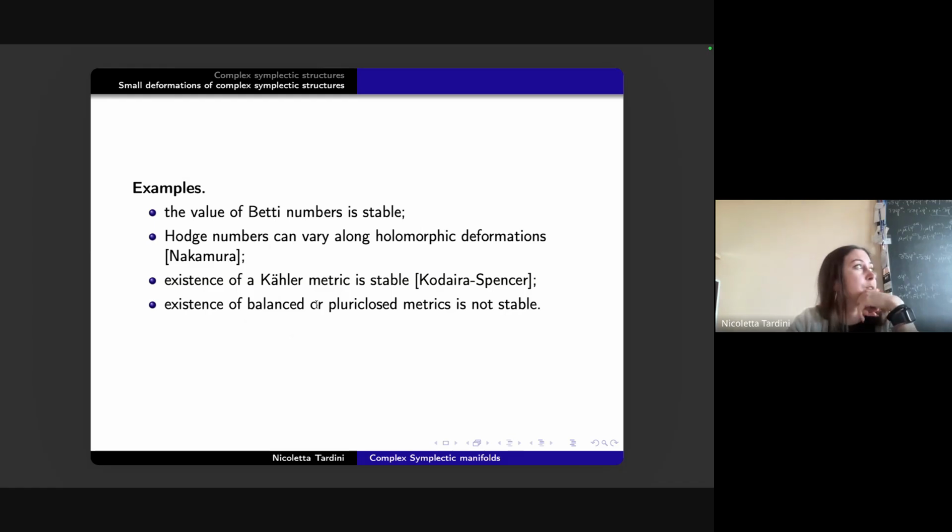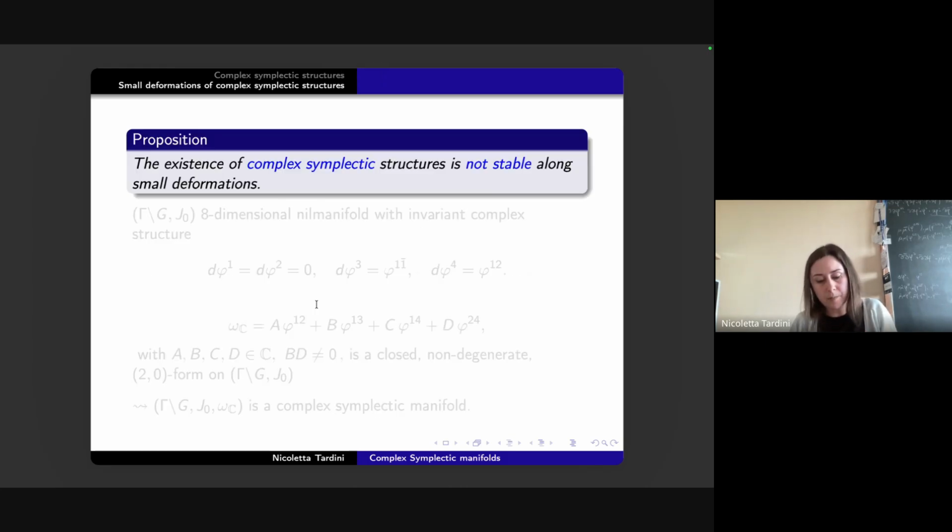So what we did with Bazzoni, Freibert, and Latorre was to understand whether the existence of a complex symplectic structure was preserved along deformations. First of all, what we proved is that the existence of a complex symplectic structure is not stable along small deformations.